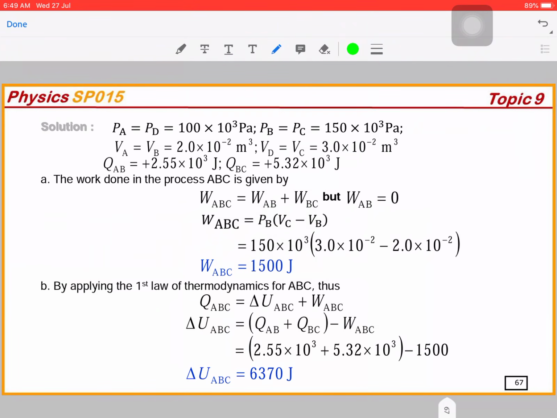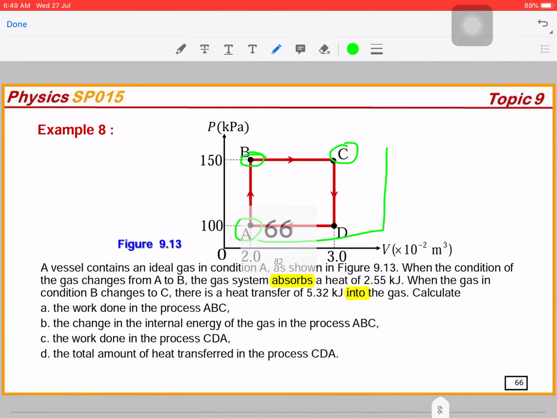Okay, so work done in the process ABC. We look at the work done, because from point A to point C there are two processes, so you have to add them one by one. So WABC equals WAB plus WBC. But WAB equals 0. Why? Look at here.